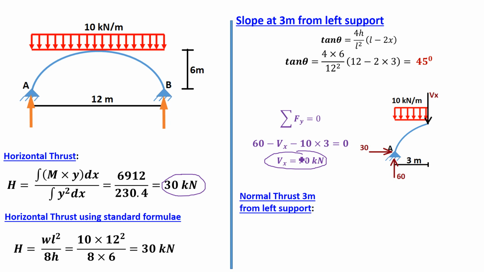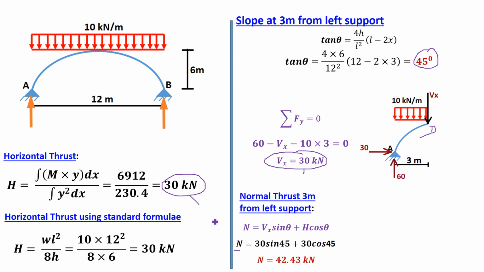First is normal thrust. The equation we already discussed in the previous example: N equal to Vx sin theta plus H cos theta, where N is the normal thrust, Vx equal to 30 from this step, and theta is 45, the slope at point D. So 30 sin 45 plus H, which is 30 again, 30 cos 45.